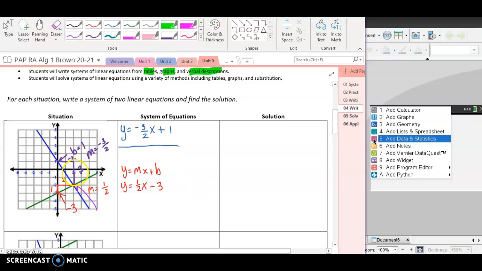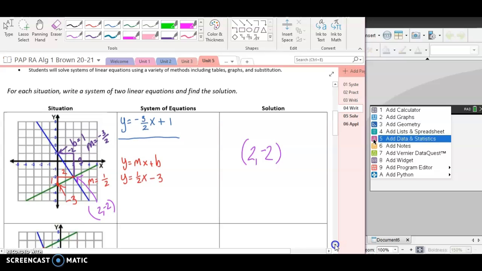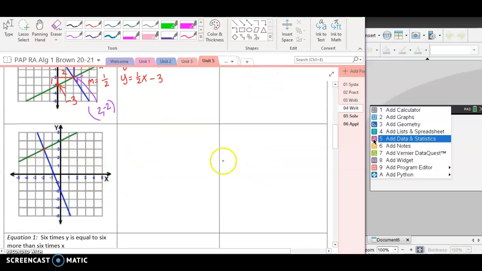This point right here is 2, negative 2. The solution is 2, negative 2, because it is the point of intersection. That's the point that they have in common. Okay. So for part of your assignment, you're going to do the second one right here.